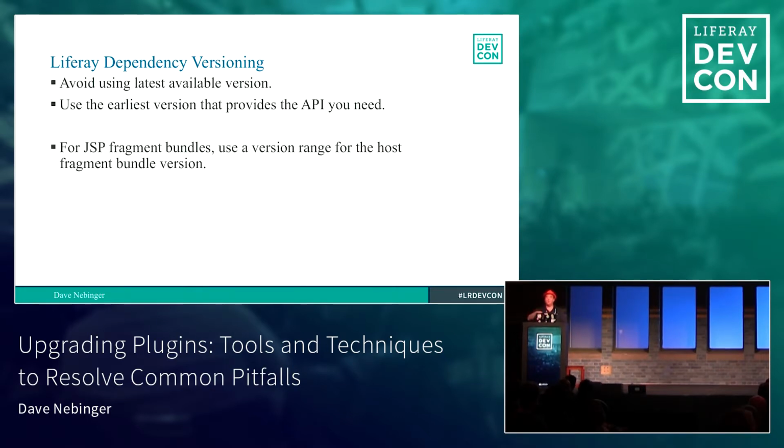The problem is when you deploy that, OSGi will happily handle that in an environment where that version is available, so somebody running the latest version of the portal. But if somebody is a few fix packs behind, say you're a developer running GA1 because you don't really need to update all those versions, that module that uses the later version of Portal kernel is not going to run in that environment because it's out of date. It's too old. So you want to pick the earliest version that works for you.